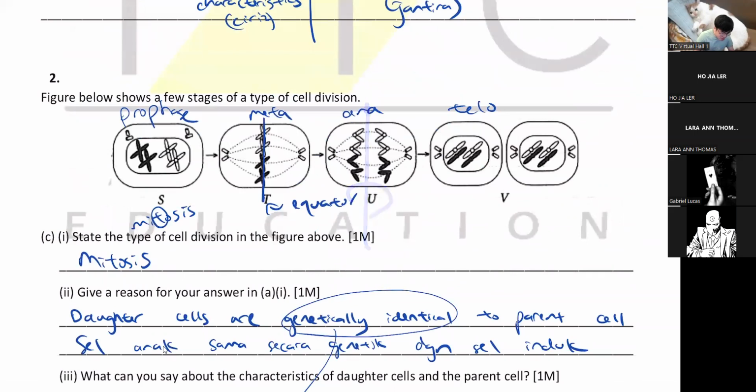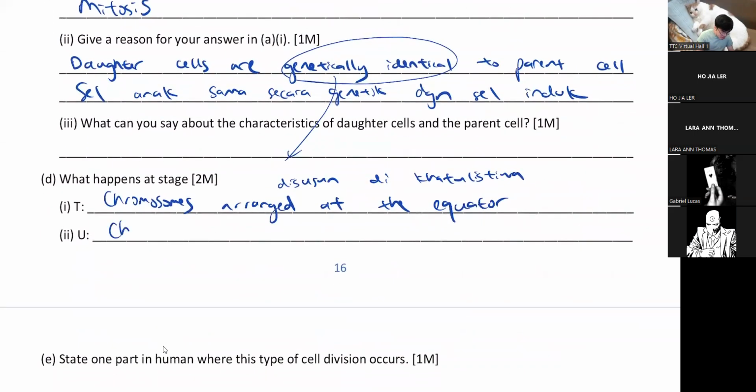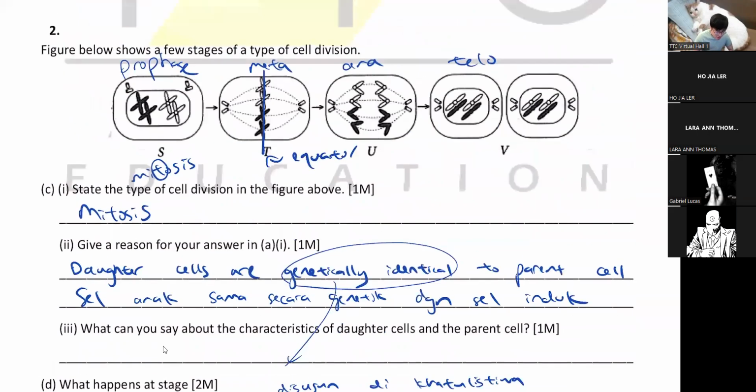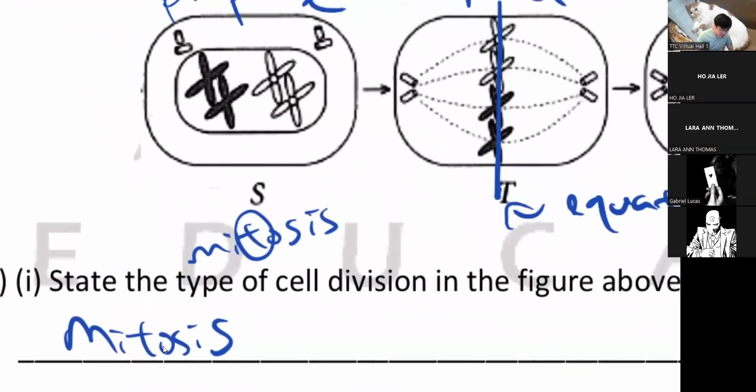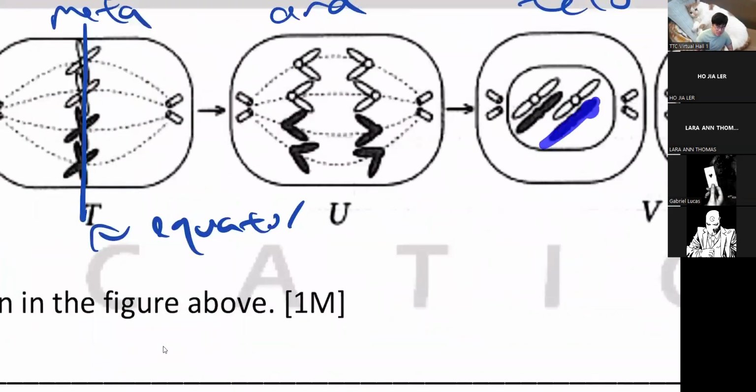This is your anaphase. This is when your chromosomes separate or divide. Chromosome diasingkan or dibelahkan. They chop into half. That's anaphase. Some students might ask, sir, is this chromosome an X, or is it one stick?